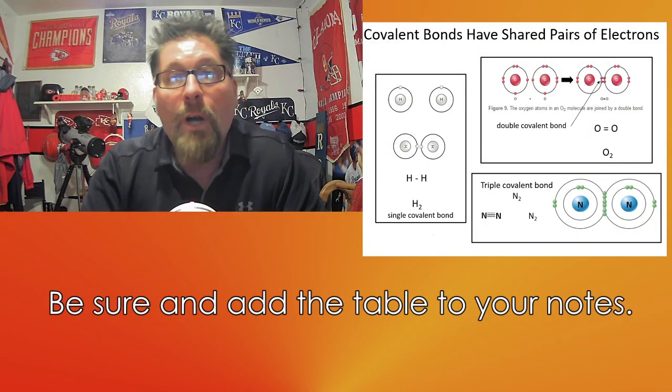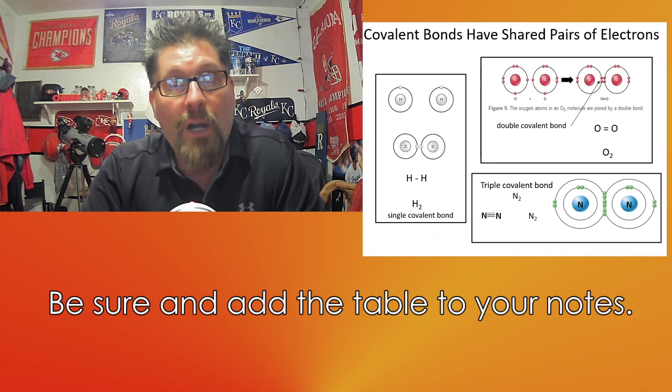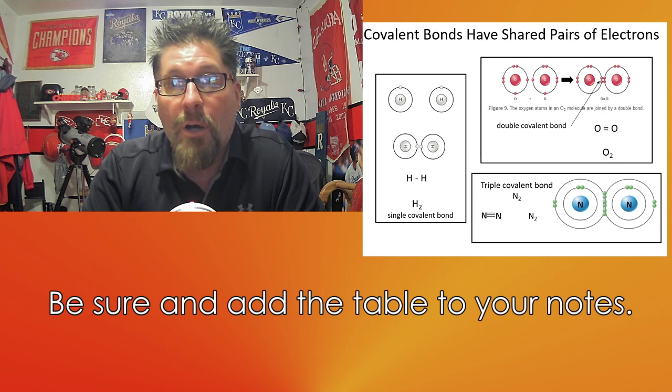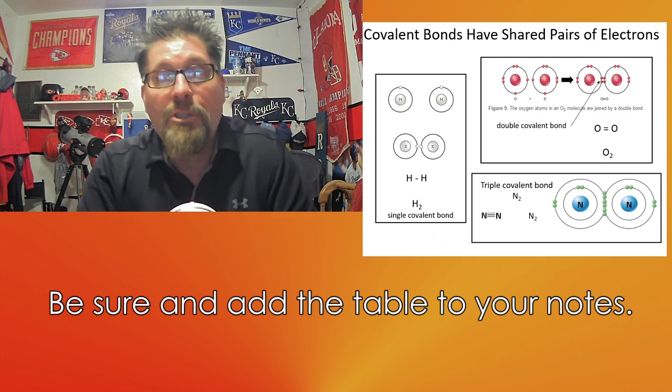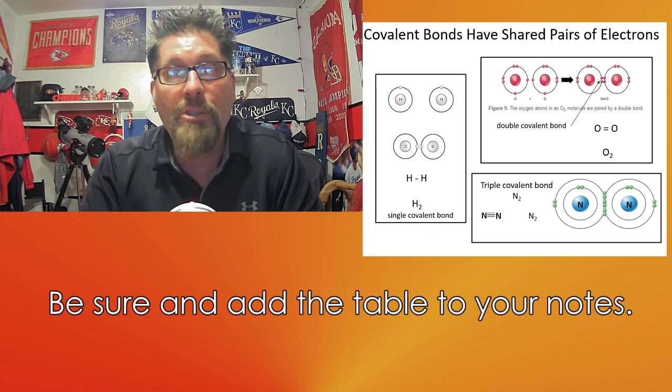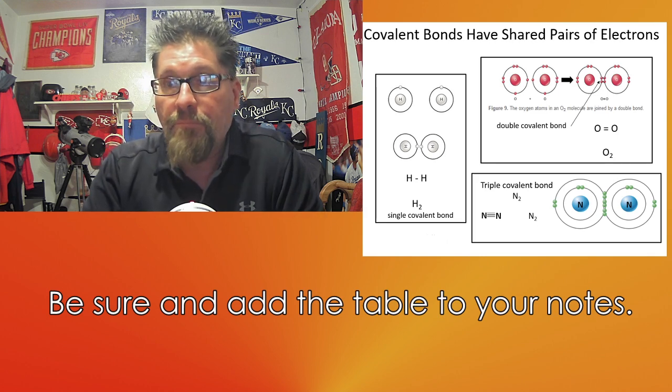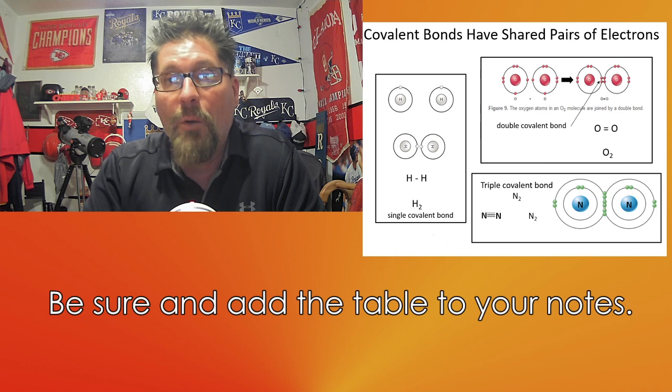Okay, when it comes to covalent bonds, because of meeting the octet rule, there are 3 types. A single covalent bond, a double covalent bond, a triple covalent bond, and you can see the message there: be sure you take the time to draw these diagrams and understand what this looks like.